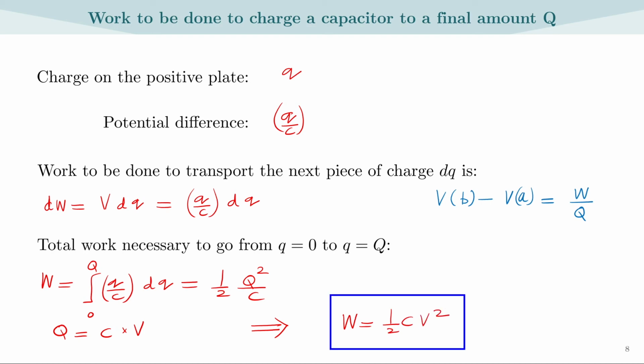So this work has to be done to bring an electron from the positive plate to the negative plate of the capacitor. Here, V is the final potential of the capacitor.